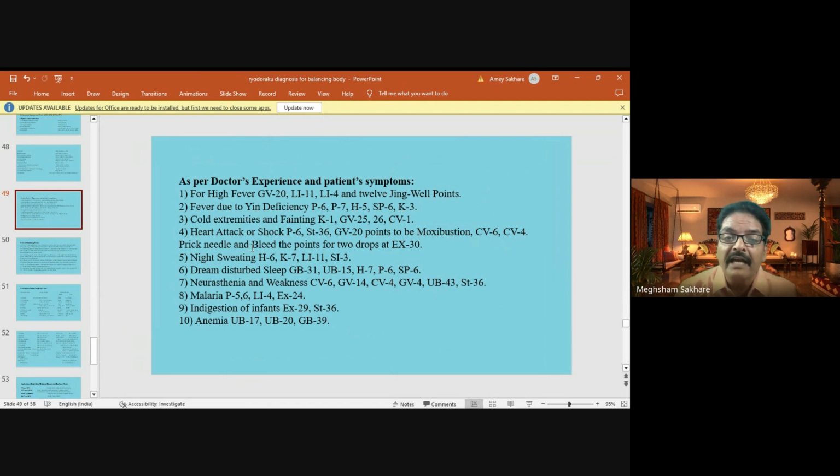Prick needle and bleed the points for 2 drops at extra 30, means on the tip of the fingertips. Night sweating: H6, K7, Li11, SI3. Dream-disturbed sleep: GB31, UB15, H7, P6, SP6.